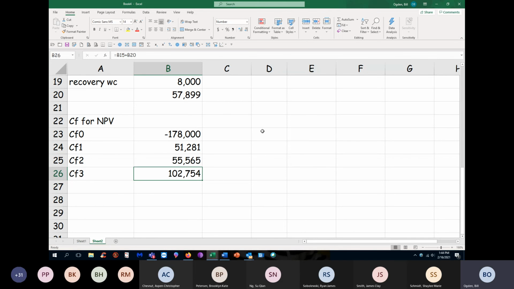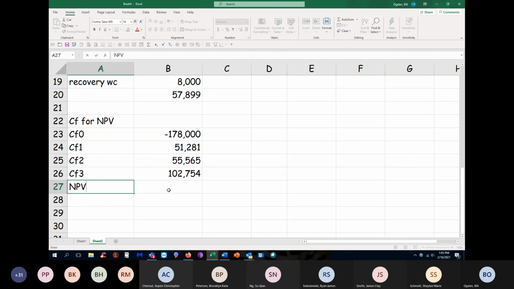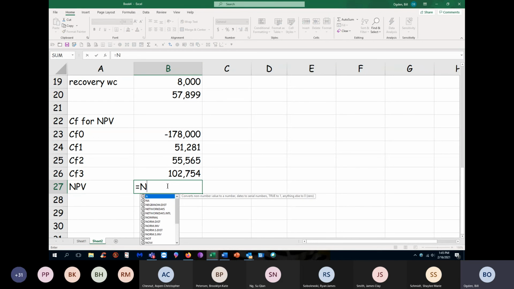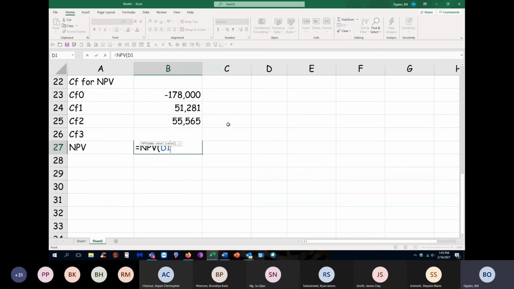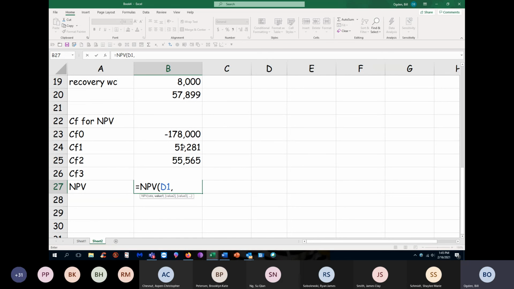And just to make sure I'm going to go ahead and do this real quick, and I'll check for questions, but let's do an NPV. And so we'll say equals NPV. Our rate is 20%. Okay, so we'll highlight cash flows 1 through 3. And then we'll add back the initial investment.